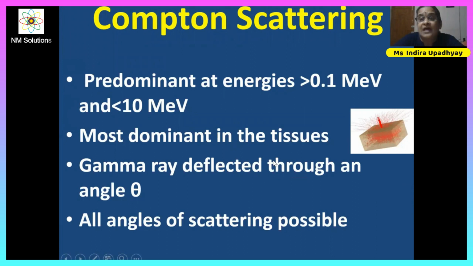These Compton scattering effects are predominant at energies more than 0.1 MeV but less than 10 MeV, mega electron volts. Most dominant in the tissues, and the gamma ray is deflected through an angle theta, and all angles of scattering are possible.